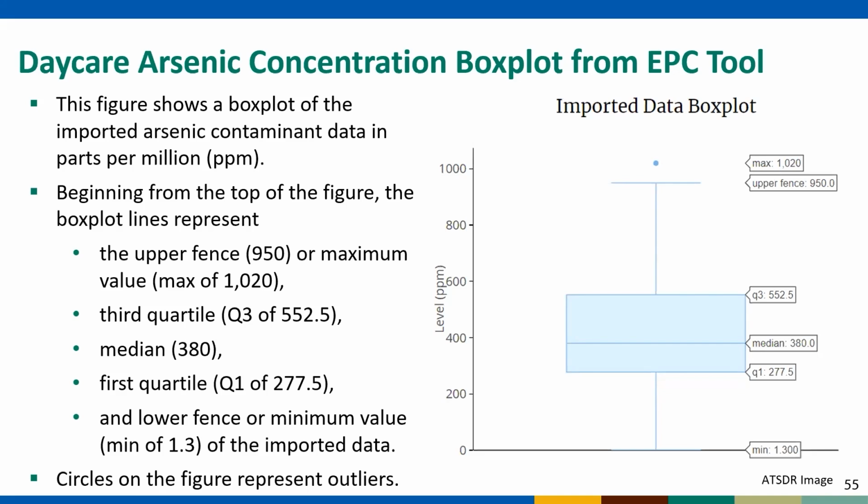The median, or 50th percentile, is 380. And the first quartile, or the 25th percentile, or Q1, is 277.5. The lower fence value of the data is 1.3 and is the minimum of our imported data. The dot above the upper fence represents an outlier, potentially, of 1020 parts per million.